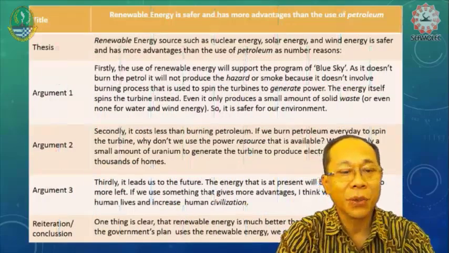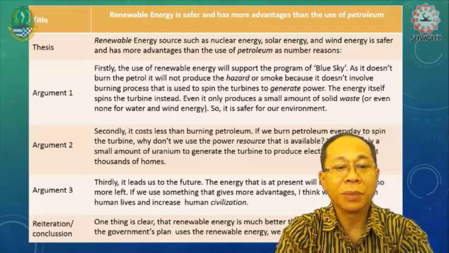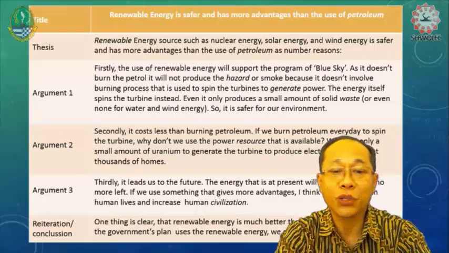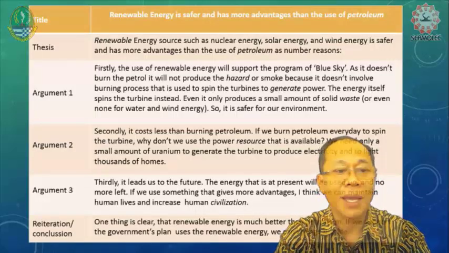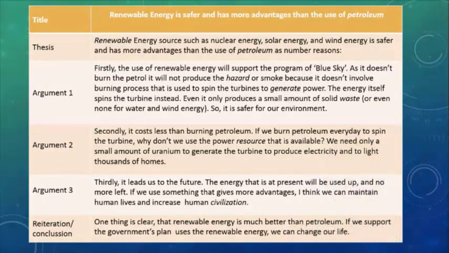Okay, so the title is "Renewable Energy is Safer and Has More Advantages than the Use of Petroleum." And then the thesis of the writer: renewable energy sources such as nuclear energy, solar energy, and wind energy is safer and has more advantages than the use of petroleum for a number of reasons.